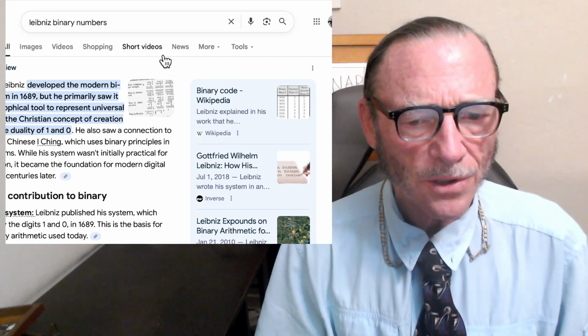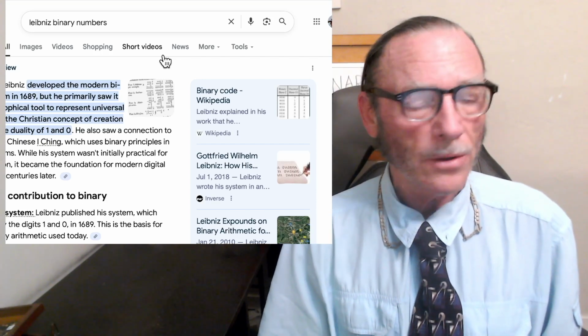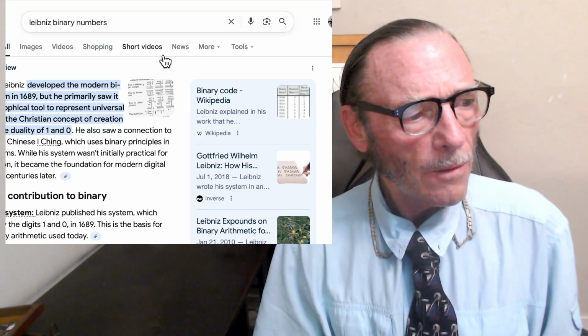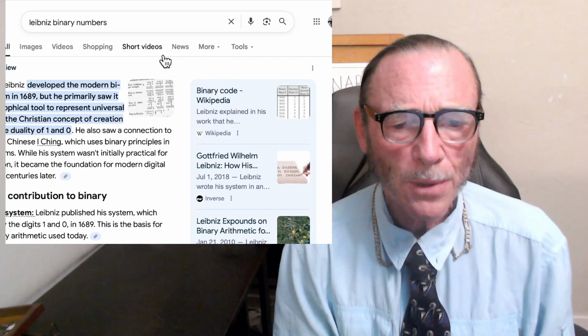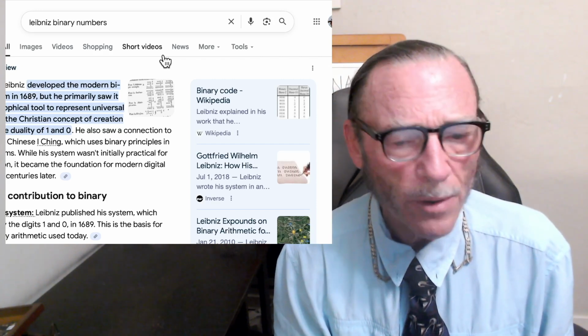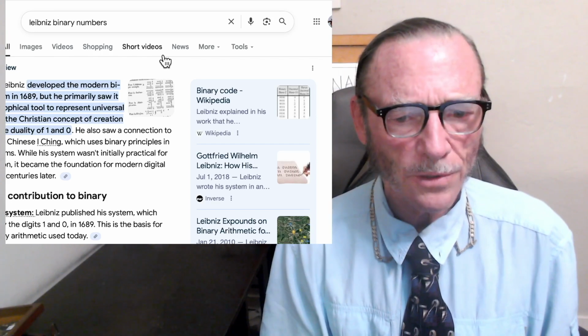Now, all that means is he had a most interesting and rather, I would say, deep view of the numbers 1 and 0. He developed the aspect of binary numbers whereby you could write them using 1s and 0s.